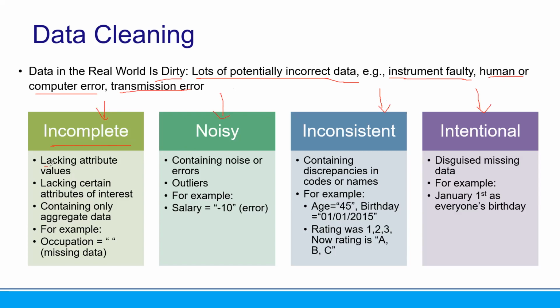The data is incomplete because it lacks attribute values, and it lacks certain attributes of interest. And it can contain only the aggregate data. So we want to get daily data.